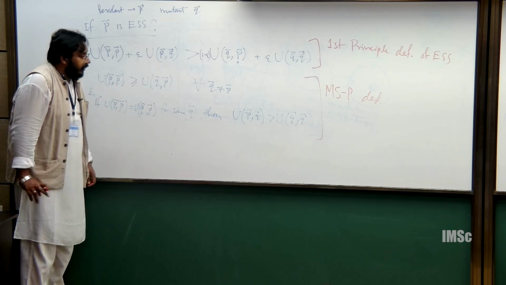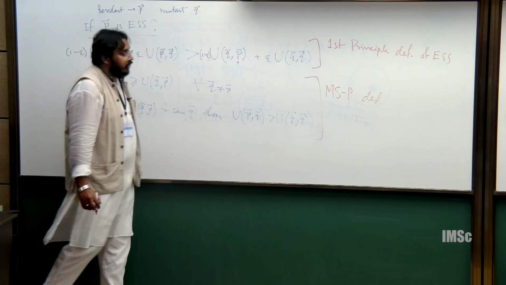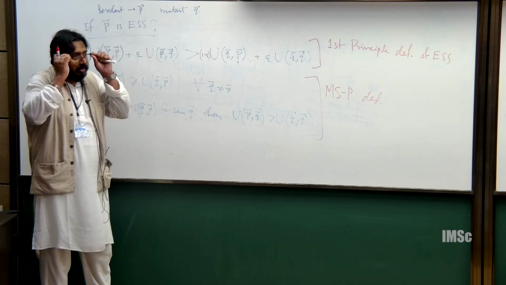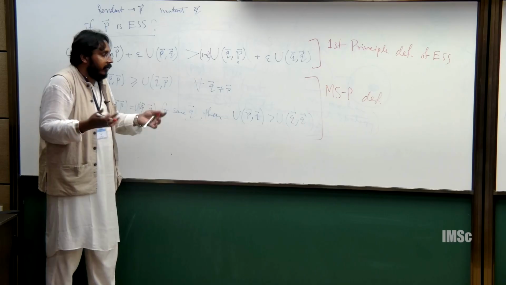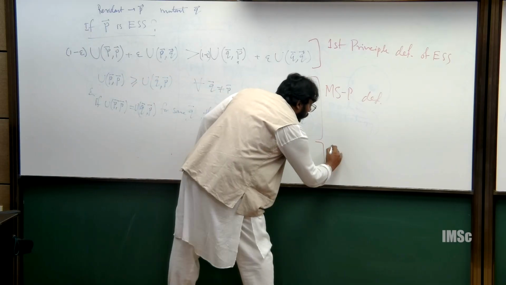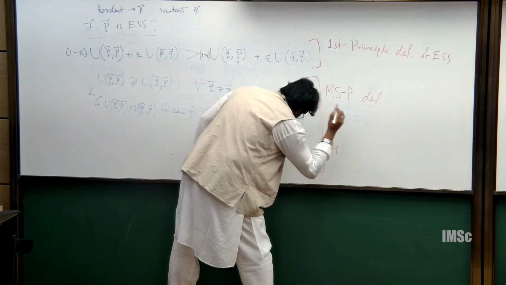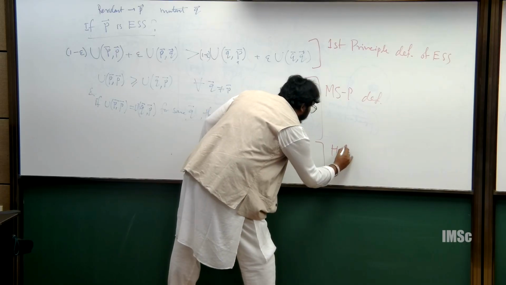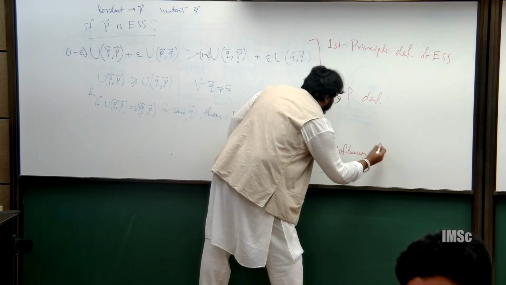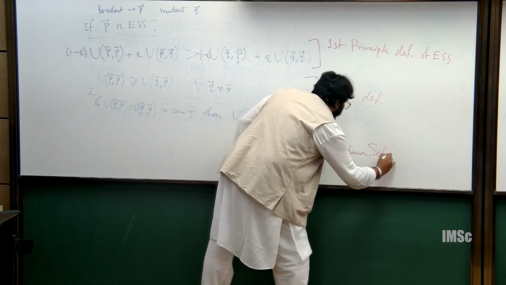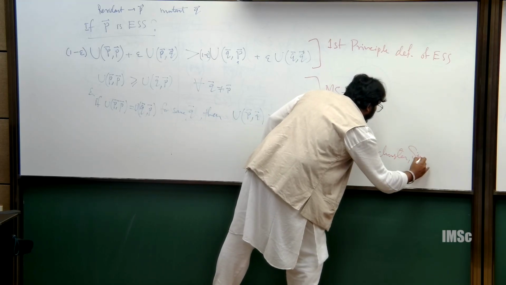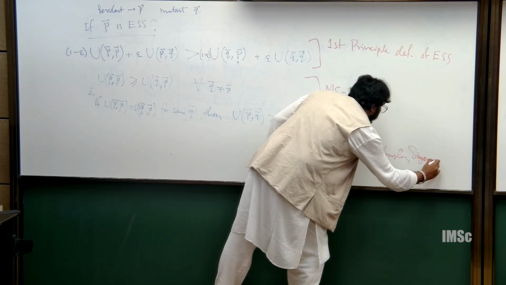I'll write the third definition, which is going to be important for us, but I'm not going to prove it. I have kept the last lecture for doing all kind of miscellaneous things if we get time. Otherwise, it's all about proving a simple theorem, and this is called the Hofbauer, Schuster, Sigmund definition.